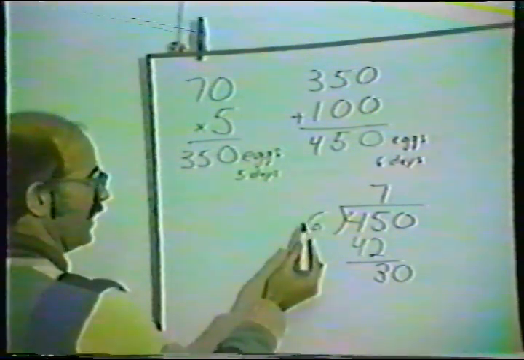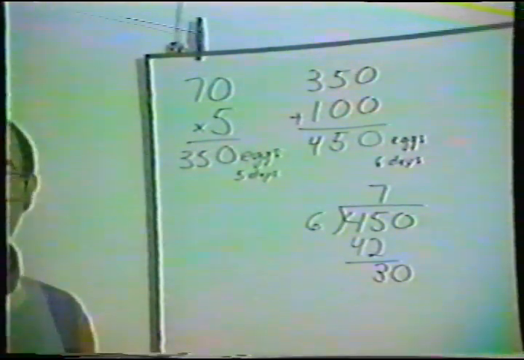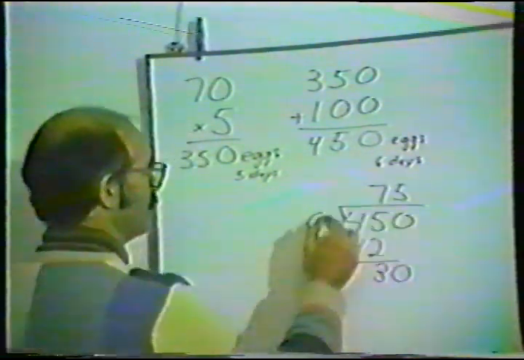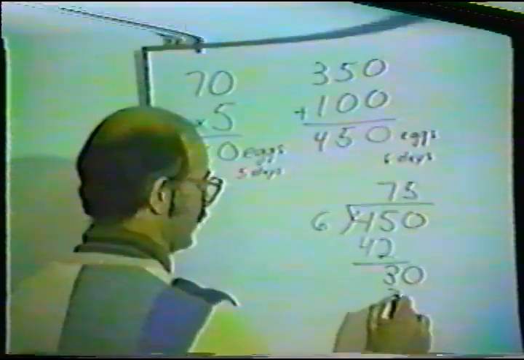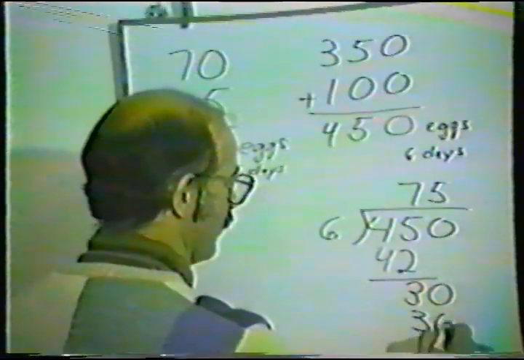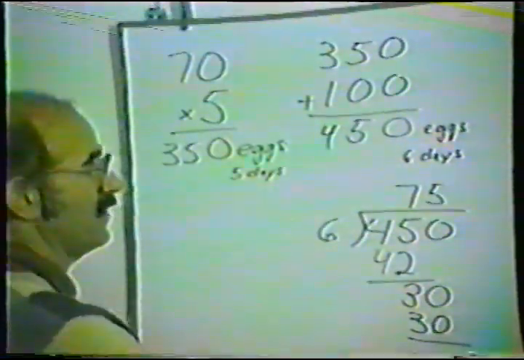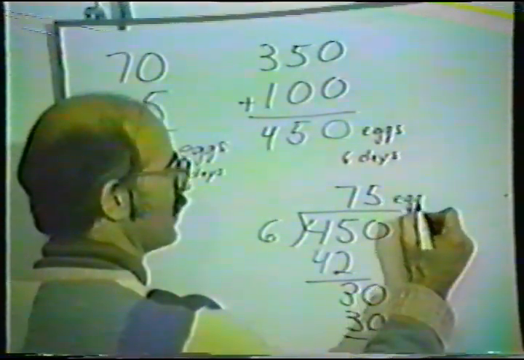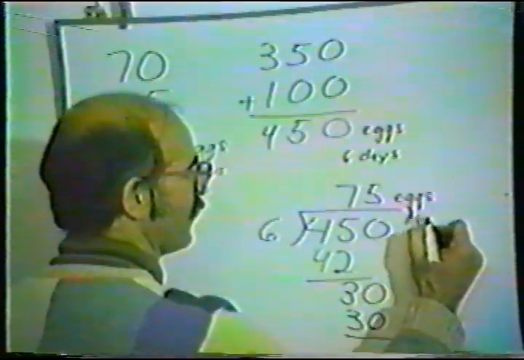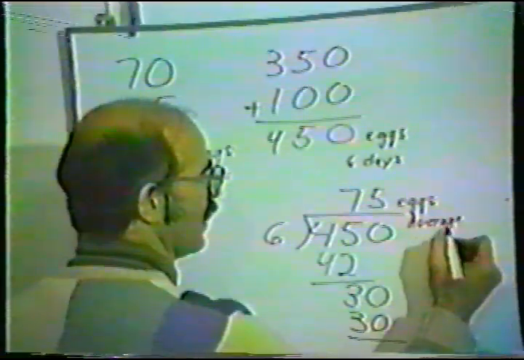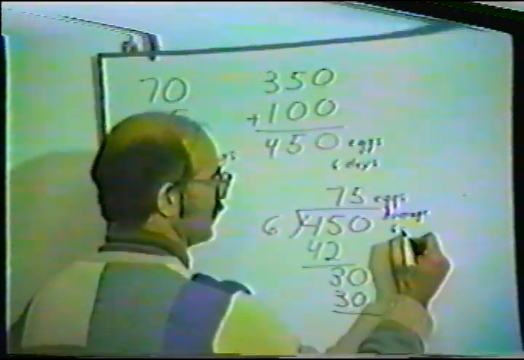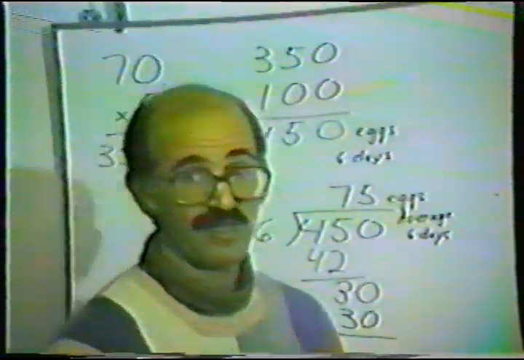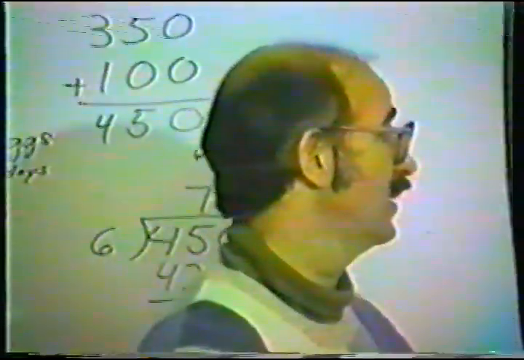Then we divide again. 6 into 30 is? 5. Because 5 times 6 is 30. And the answer is 75 what? Eggs. Which is the average for how many days? 6 days. 6 days.